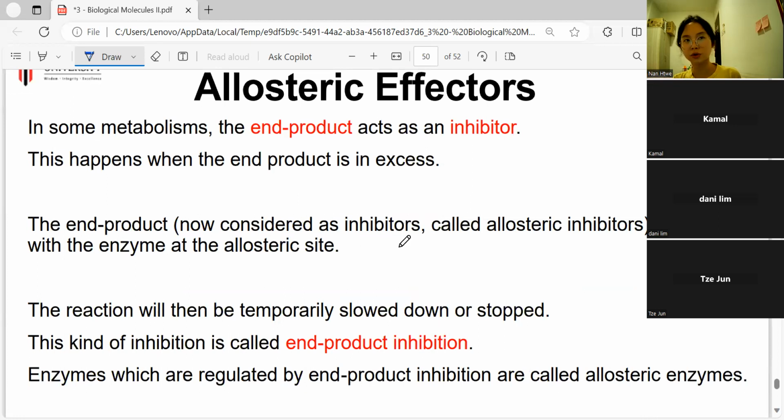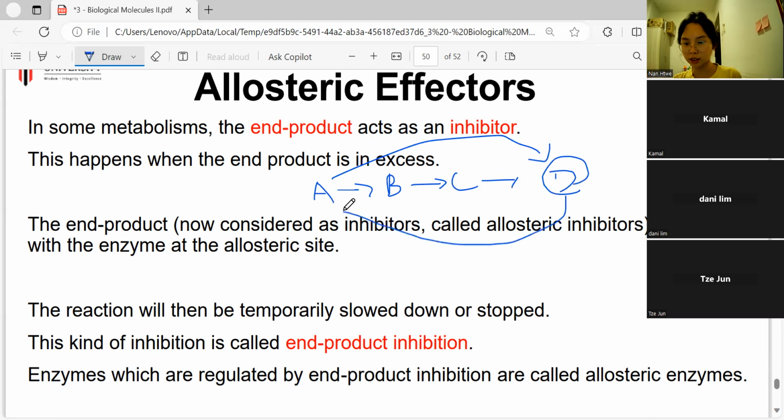Don't confuse them. So let's say that we have the reactant A, and then we go to B, and then to C, and then to D. As A is changing into D, the concentration of D increases. So when we have a large amount of D here, this large amount will inhibit A again.